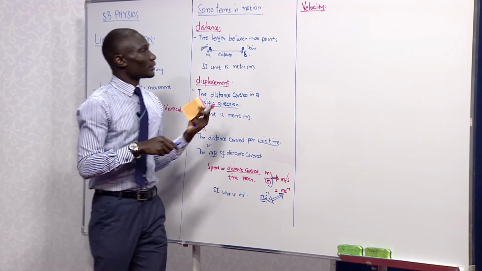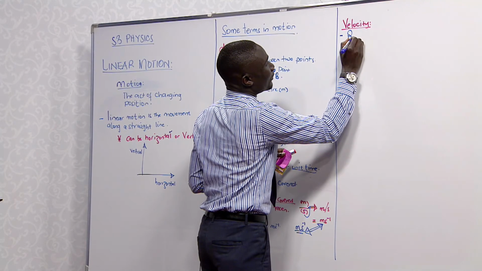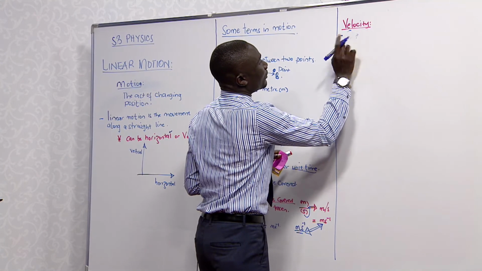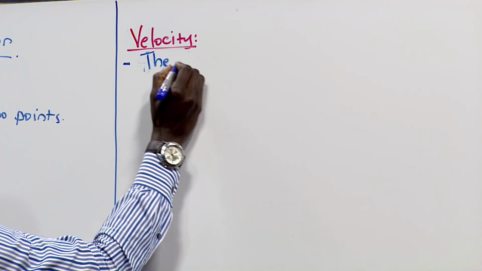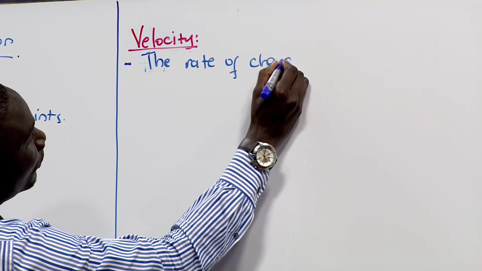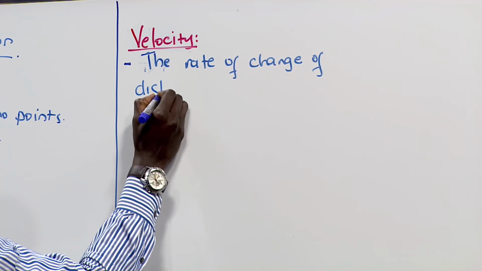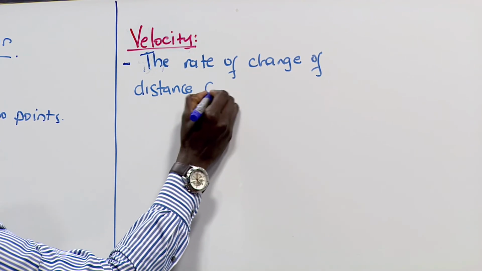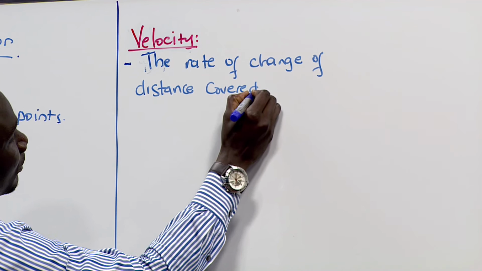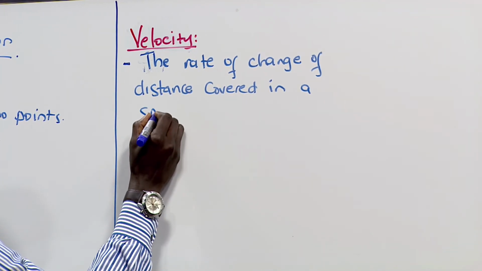Velocity is the rate of change of distance covered in a specific direction.